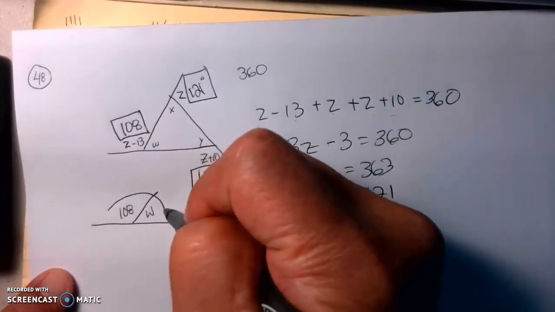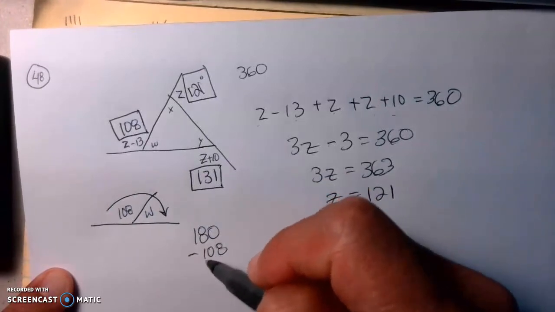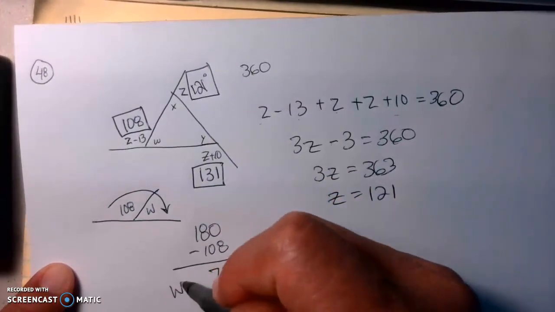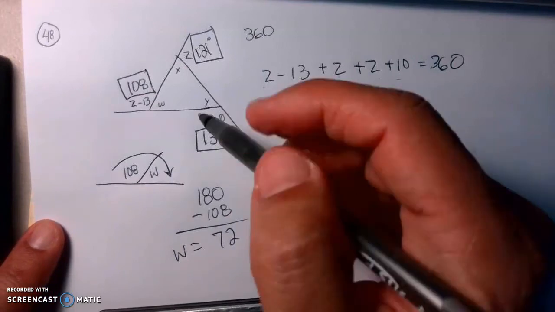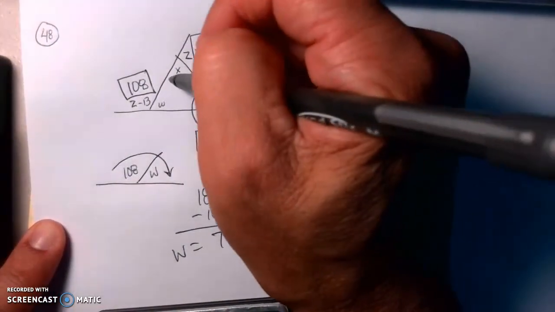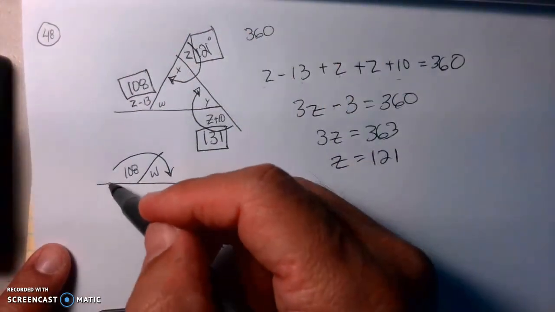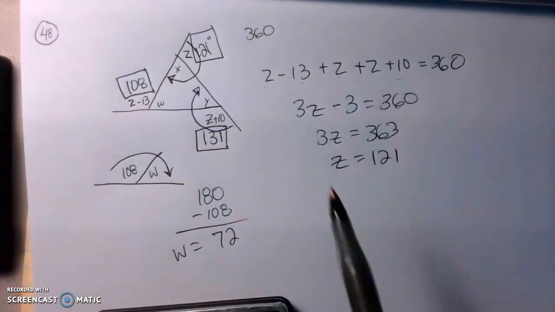So I will simply take 180 degrees minus the 108. This is 72 degrees for angle W. You would do the same for figuring out the Y value and the X value here. Do the same procedure of taking the straight line minus the exterior angle.